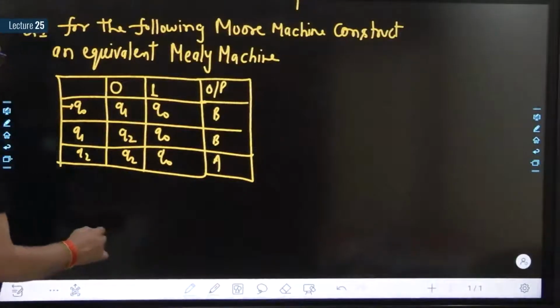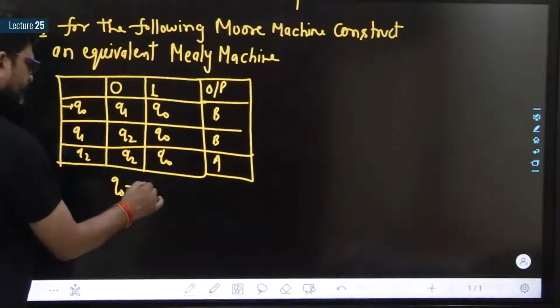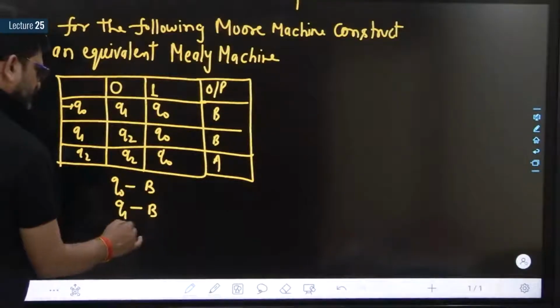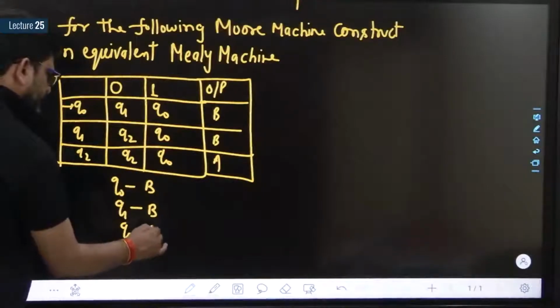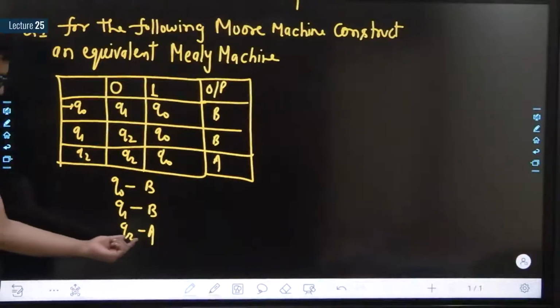What are the outputs associated with the states? Q0 is B, Q1 is B, and Q2 is A. These are the outputs associated with the states.